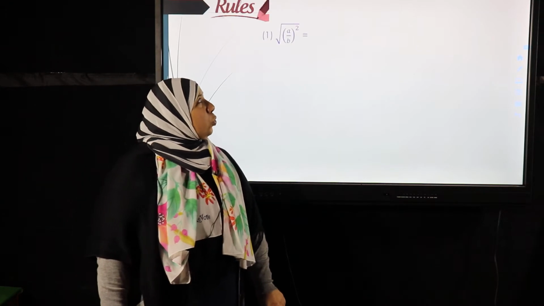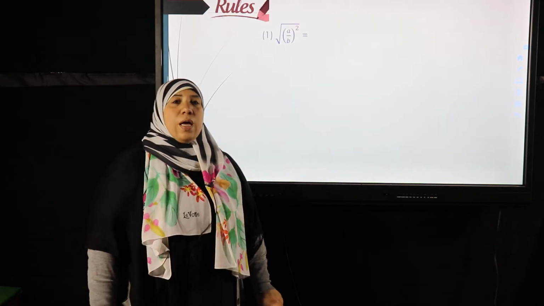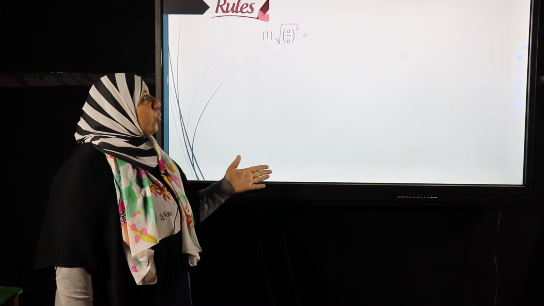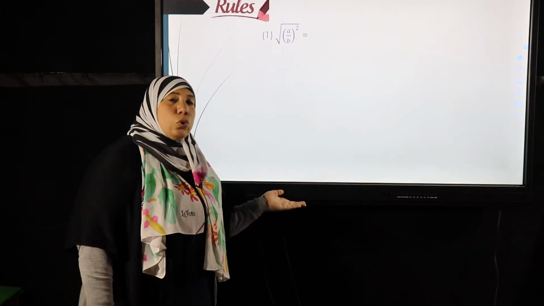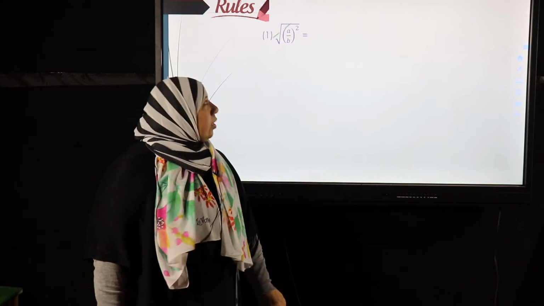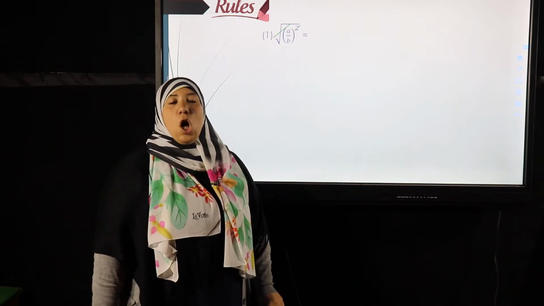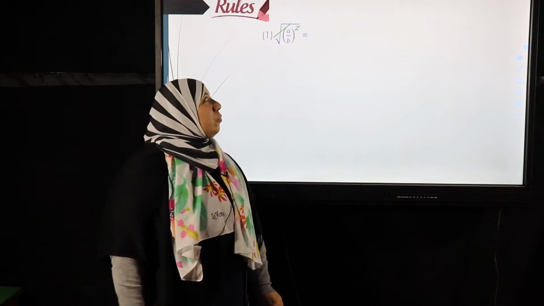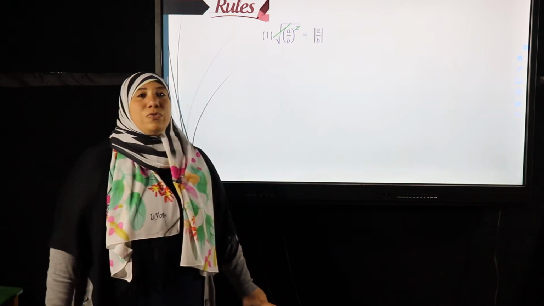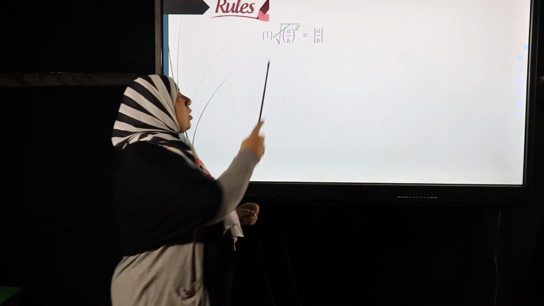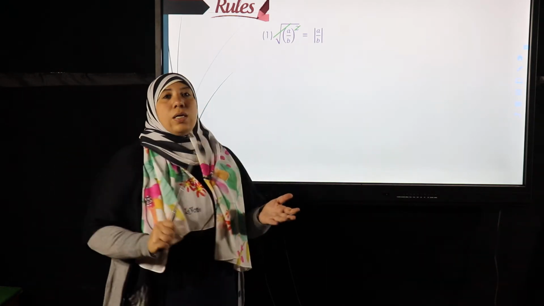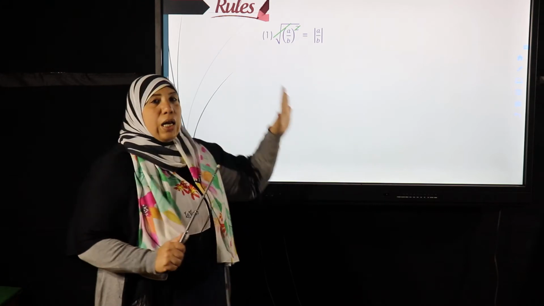We have some rules. The first one: if I want to find a square root of a square number, here the square root is the opposite of the square or power 2. It will be the absolute value of a. Why absolute value? Because the power 2 here will erase the negative.